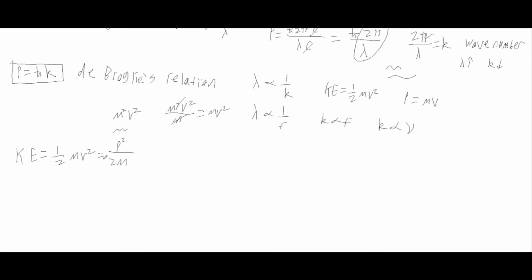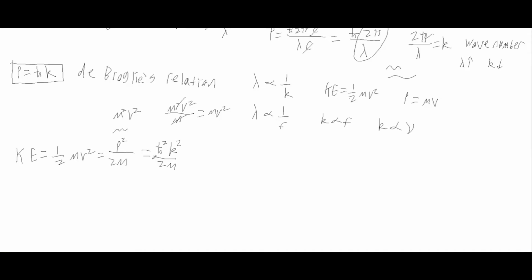And so from this, because we know that p is equal to this h bar k, then we can also say that since this is the p squared, we have to do h bar squared and k squared, so h bar squared k squared over 2m.